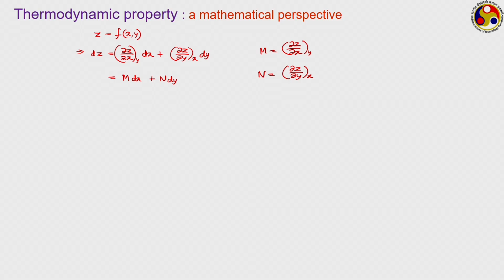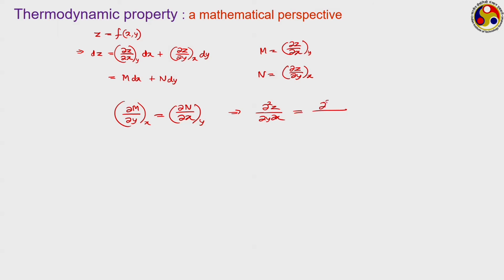If z is a property, then it is a very standard mathematical principle that for z to be an exact function of x and y, or dz to be an exact differential, we need to have dou M dou y with x constant equal to dou N dou x with y constant, because then only we are going to have dou squared z by dou y dou x equal to dou squared z by dou x dou y.